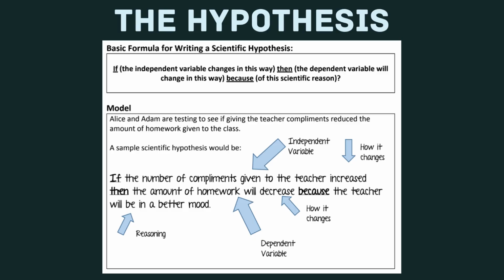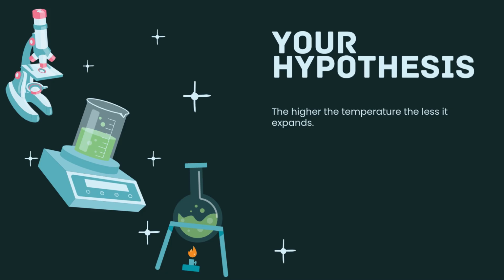All right, so a reminder here. With the hypothesis, you have to use the if, then, because structure. So let's look at the answers that you gave. Here's one that I got: the higher the temperature, the less it expands. Something to point out about this one, you gave me an independent variable here, and you also told me how it would change. And I like that because you said a high temperature or a low temperature.